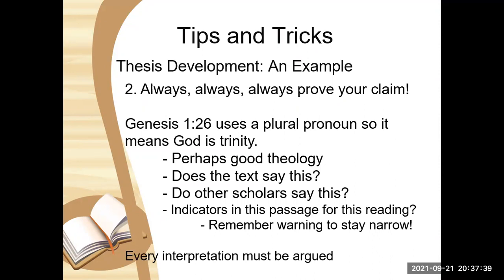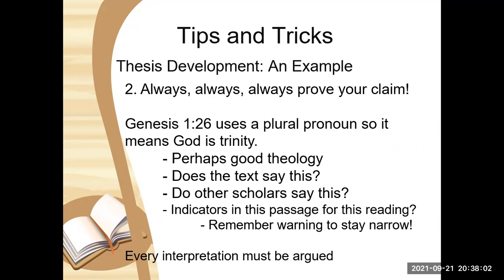Do other scholars say this? Look at your commentaries or your articles or books on Genesis 1. Are other scholars interpreting Genesis 1:26 this way? If they are not, it may be time to question if you're right. And then, are there other indicators in this passage for this reading?